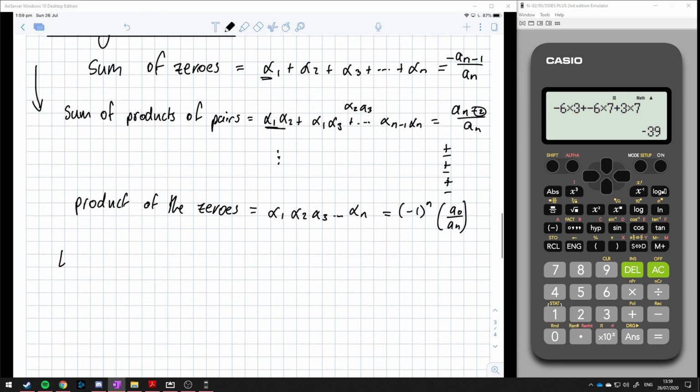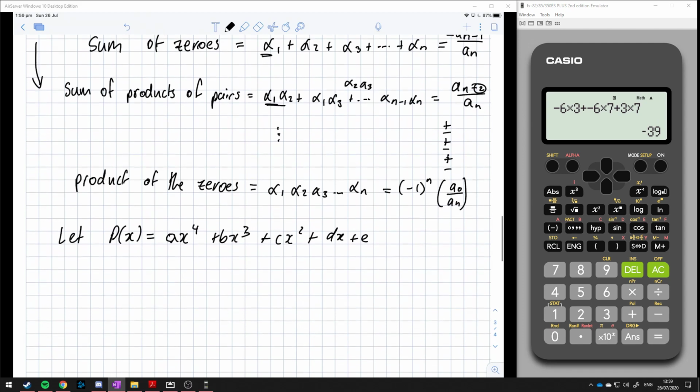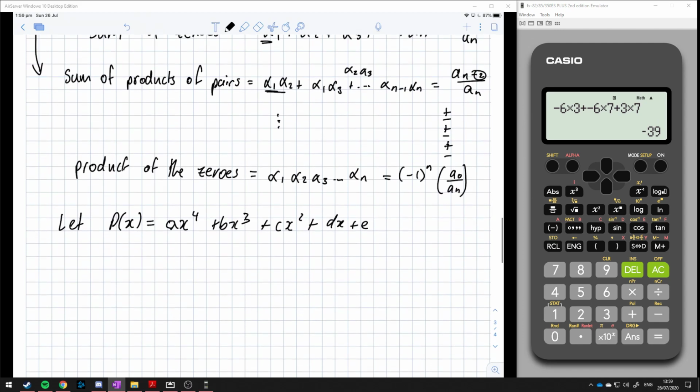So let's say we have p of x equals ax to the power of 4 plus bx cubed plus cx squared plus dx plus e. What you end up with is the sum of the zeros, which is alpha plus beta plus gamma plus delta, and that's equal to minus b on a.